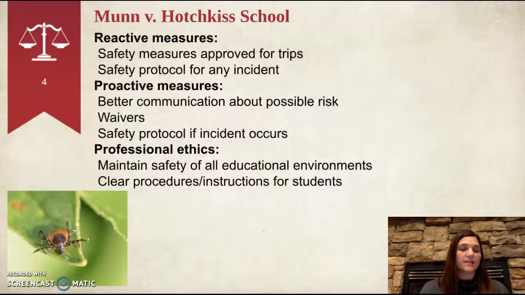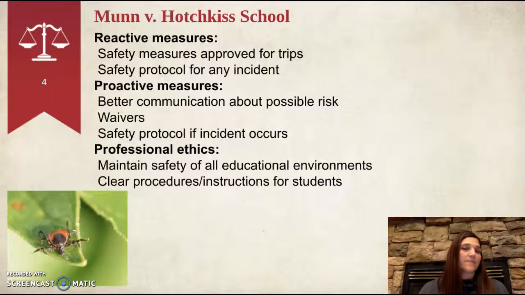A suit was brought against the school, citing that first the school failed to warn the parents that on this trip their daughter could encounter some of these risks like the ticks, as well as failing to ensure that their daughter took corrective steps or preventative measures like bug repellent and things like that.